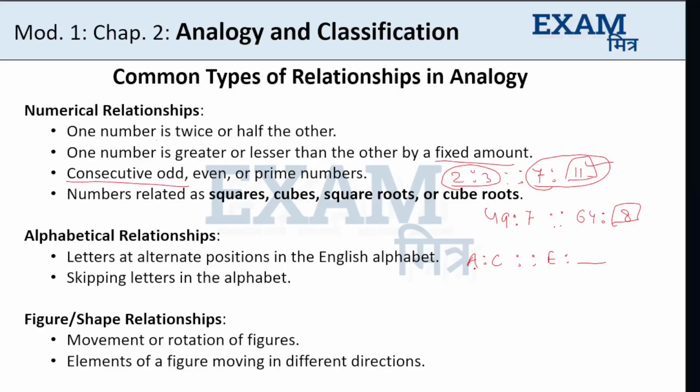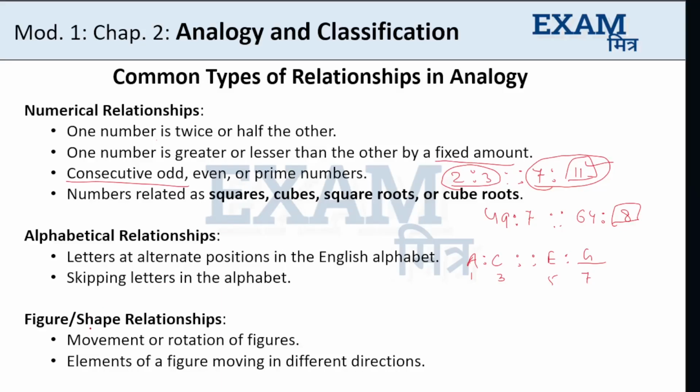So we can see that A and C, this is the first position letter and this is the third position letter. They are consecutive odd number. Similarly, E is 5, so the next would be a letter whose position is 7 and that is Z. So like this wise, there may be some alphabetical relationships.